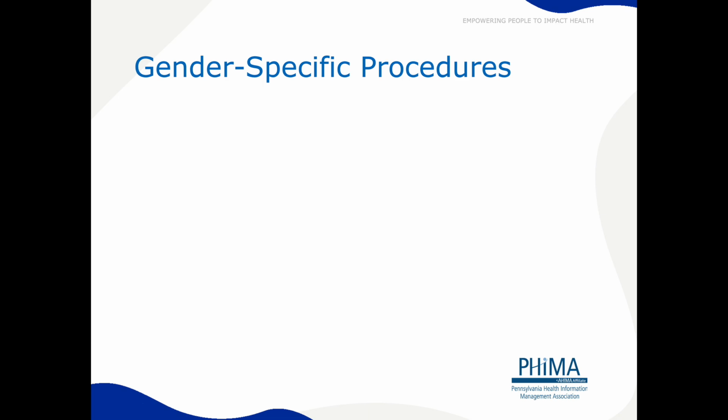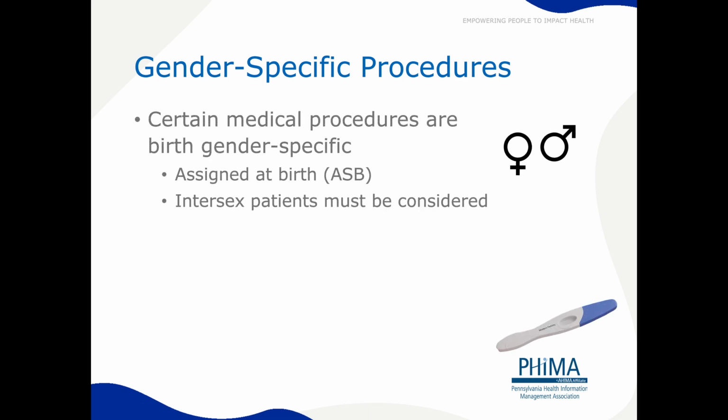An elementary start to this is the process to ensure that gender-specific procedures are considered. But in order to do that, we need to know the birth gender of the patient and the specific procedure that was performed. Certain medical procedures are indeed birth gender specific. And for the gender assigned at birth, we must be cognizant that certain procedures might not be appropriate.